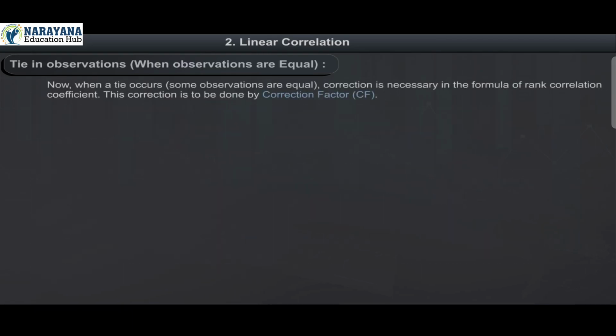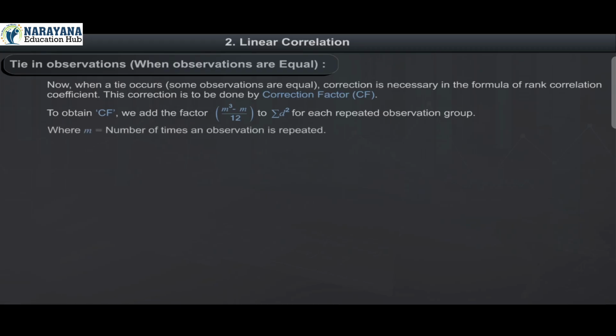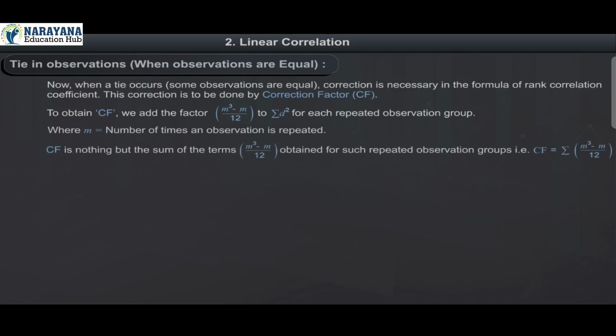Now, when a tie occurs, that is, some observations are equal, correction is necessary in the formula of the rank correlation coefficient. This correction is to be done by a correction factor, that is CF. To obtain CF, we add the factor (m³ − m)/12 to Σd² for each repeated observation group, where m is equal to the number of times an observation is repeated.